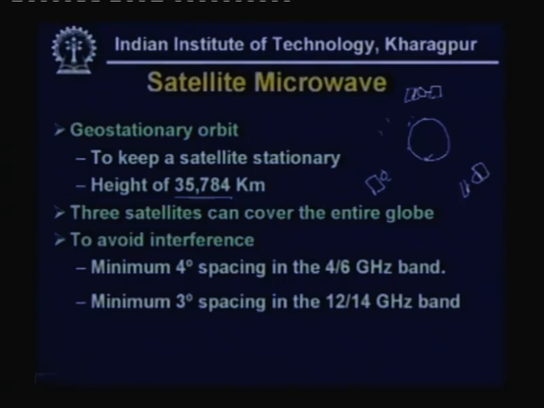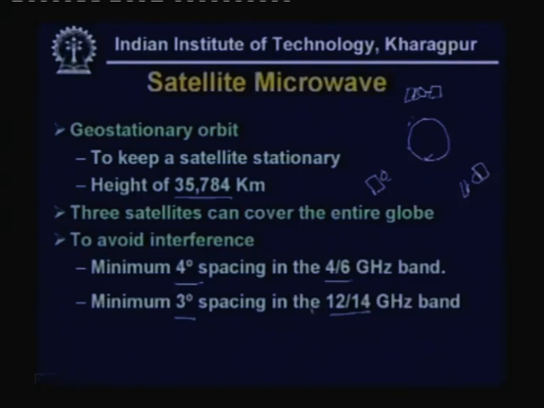So when you have got 360 degrees in the geostationary orbit, then minimum 4 degree spacing is required if you use 4/6 gigahertz band, and minimum of 3 degree spacing is required if you use 12/14 gigahertz band. As we shall see, these are the popular frequency bands used for microwave communication.